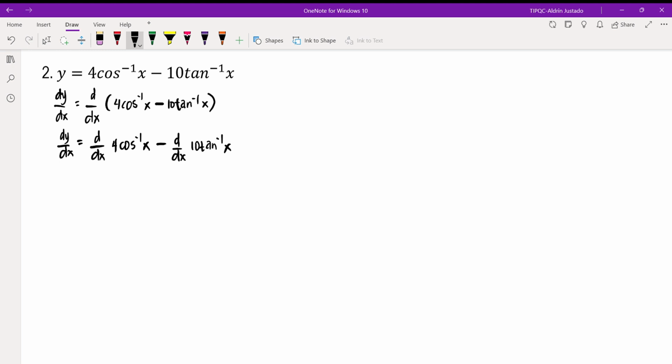So, isolate all the constants. dy over dx is equal to 4 times the derivative of your arc cosine of x minus 10 the derivative of your arctan of x. Okay?